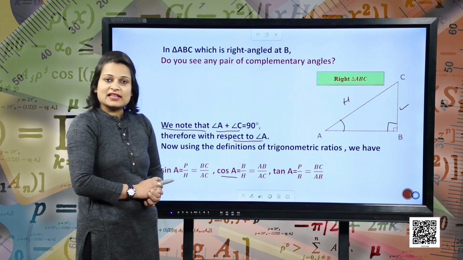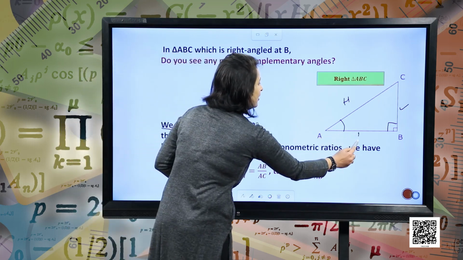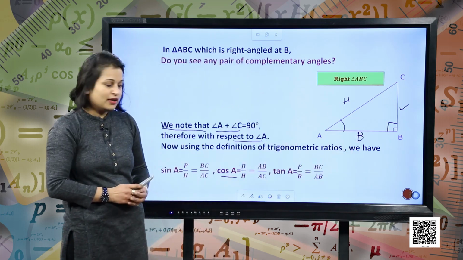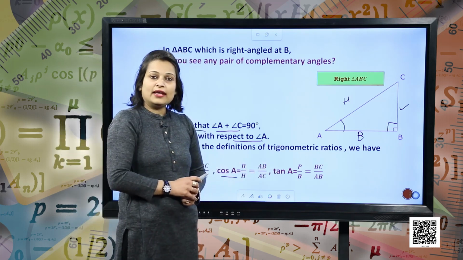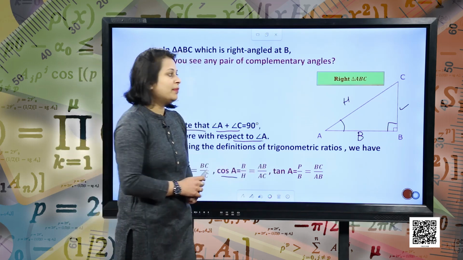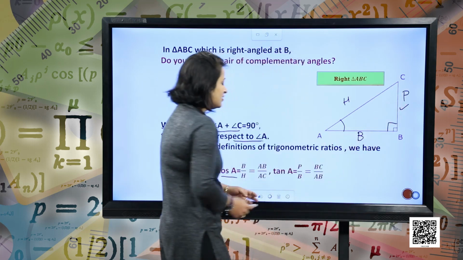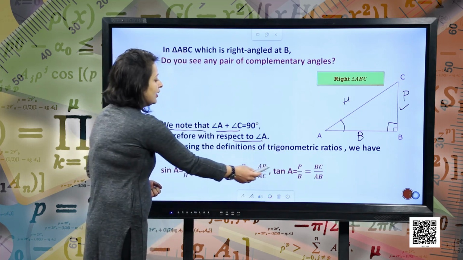Cos A is base upon hypotenuse. With respect to angle A, this will be base. So AB upon AC will be cos A. For tan A, it is perpendicular upon base. Since this is perpendicular and this is base, BC upon AB will give you tan A.